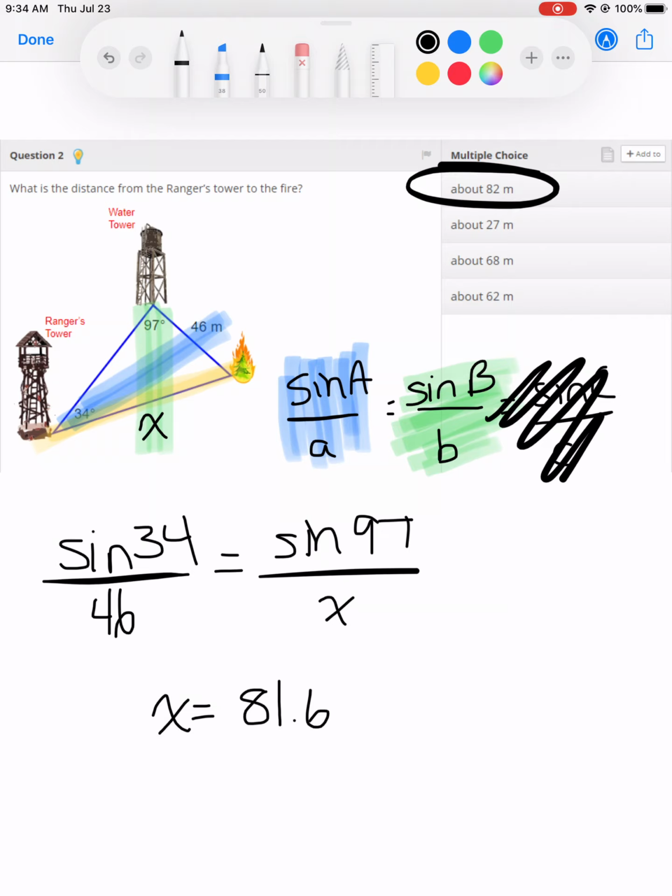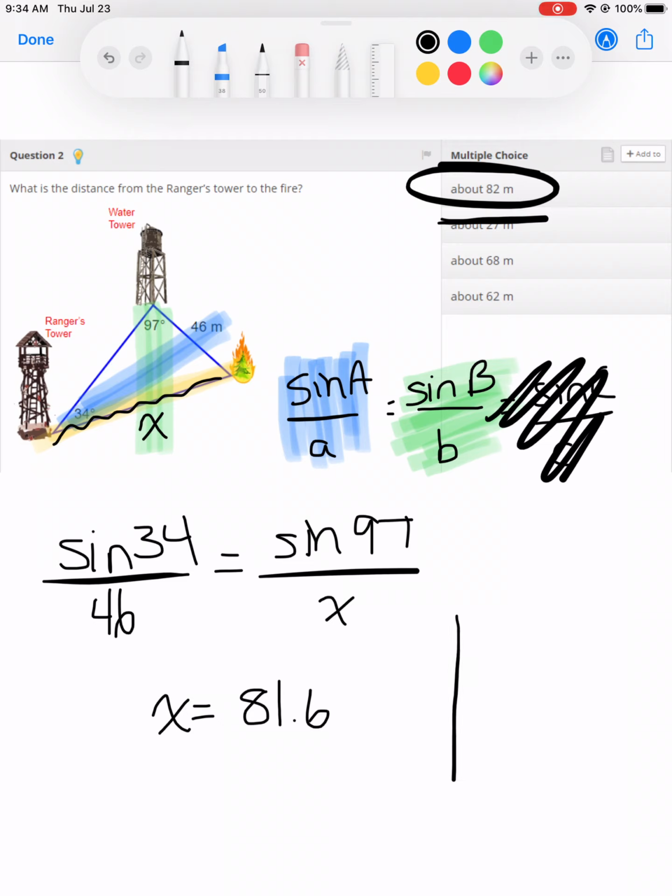Which makes sense because 34 degrees is associated with 46 meters, so 97 degrees is a bigger angle, so this side length should be bigger, and that would rule out 27. Okay, so I do hope that helps.